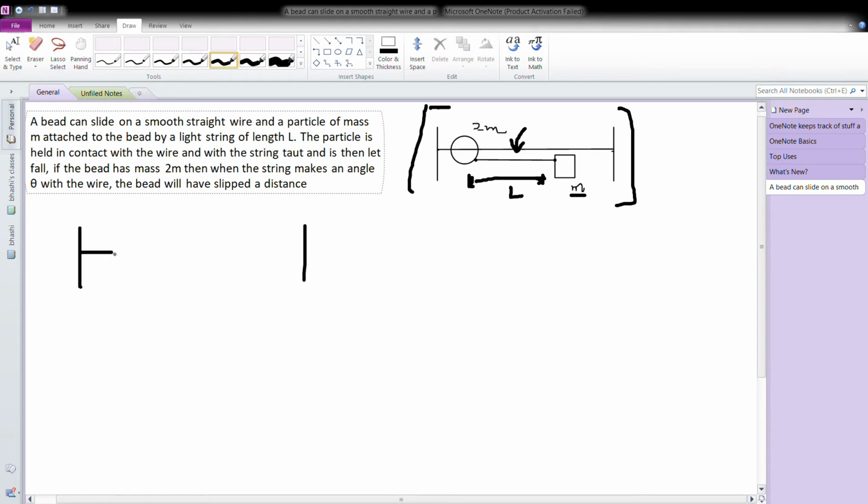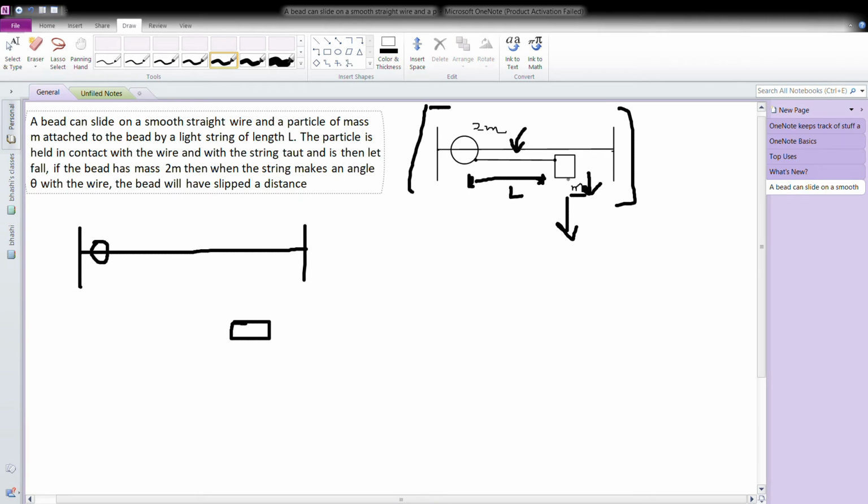the scenario has changed and your particle has fallen. Initially it was in this stage. Now this particle has fallen. So what will happen? If you see practically, if this falls, then there must be some displacement of this bead. Let's say initially your bead was here.